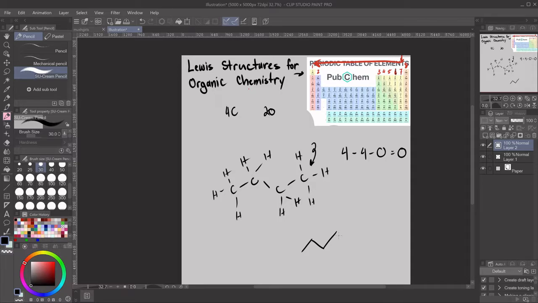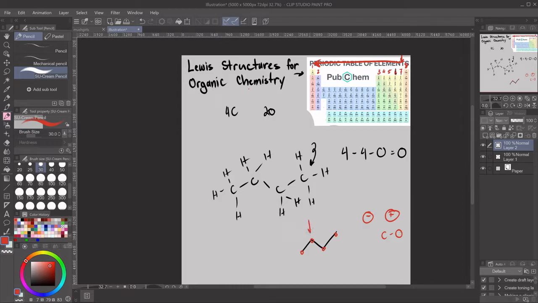The rule here is that every single point, either an end or a triangle point here, is going to be a carbon. And unless otherwise specified, with something like a formal charge, a negative or a positive charge, or the presence of another bond to another atom, so for example, if one of these carbons were bonded to oxygen, all of the remaining bonds will be filled in with hydrogen.